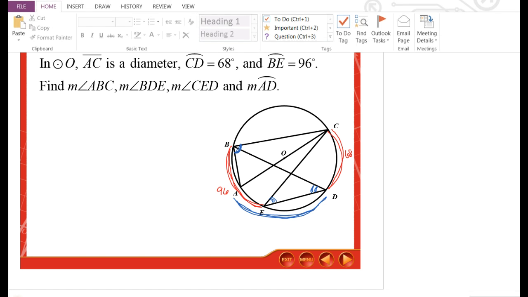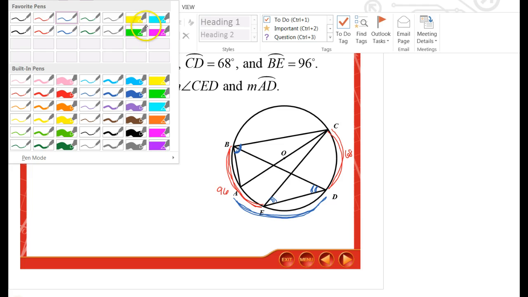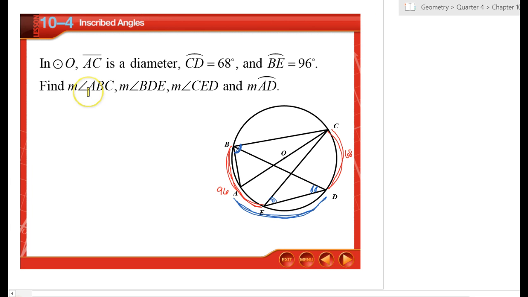Okay, well, let's look. Angle ABC. Well, let's just start there. Angle ABC intersects my diameter.